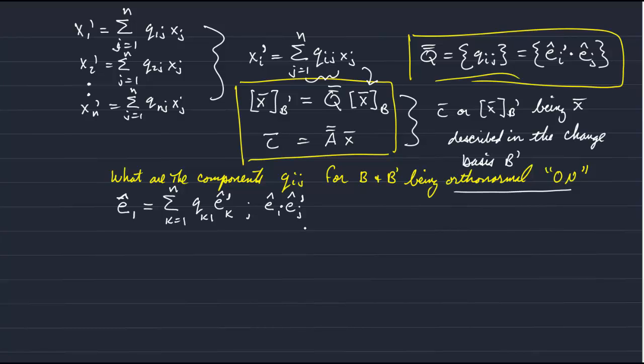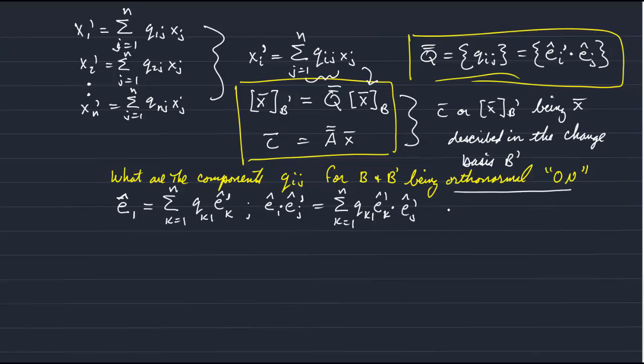So j, of course, could be 1, it could be 2, it could be any number, but we'll just leave it as a placeholder as j. And when we show that with the sum, we have Qk1 Ek prime dotted with Ej prime, E hat j prime.